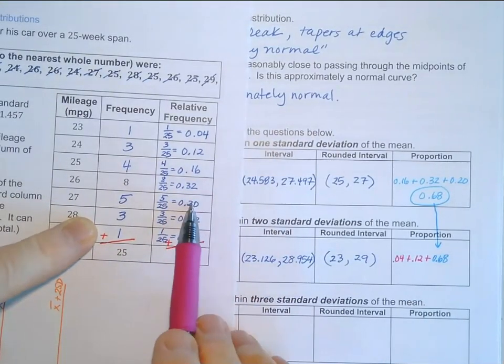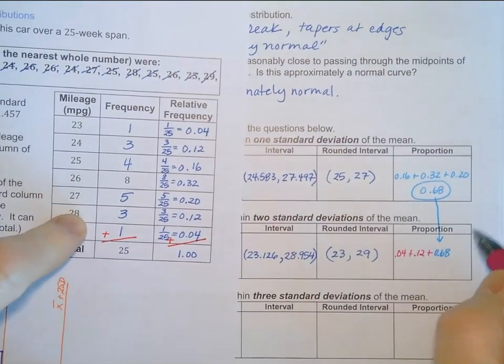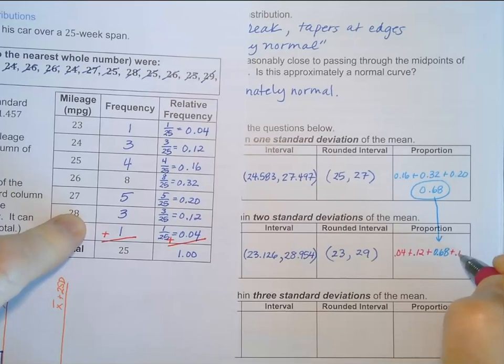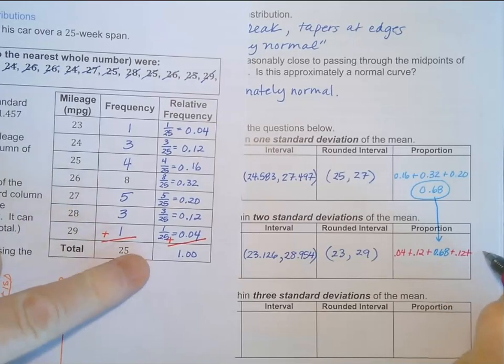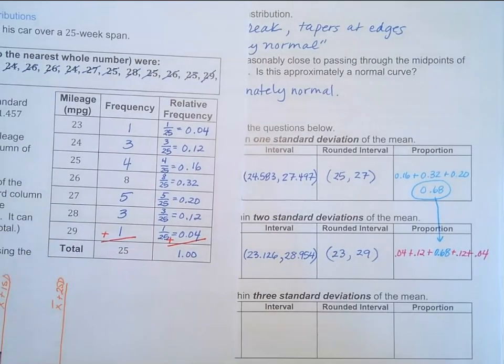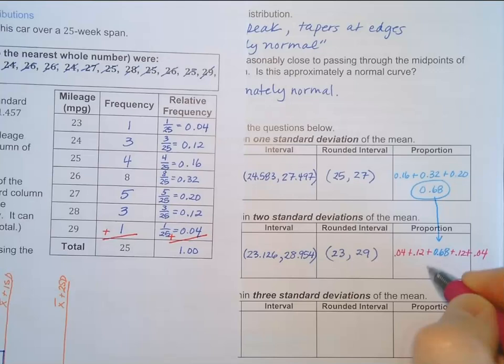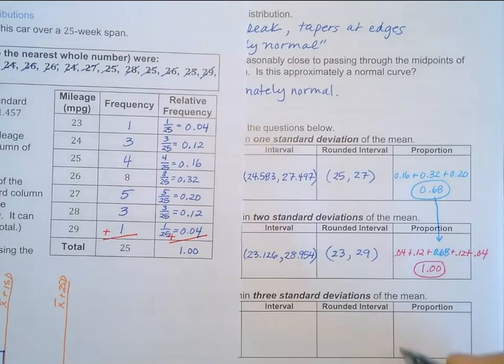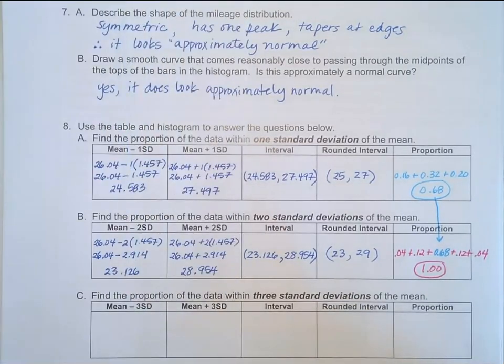Okay, and that covered to here, and then I have to do 28 and 29, which is the 0.12 and the 0.04. When I add those together, I'm going to get 1.00. We get 100% of the data at this point, right? In the data that we have here, right?